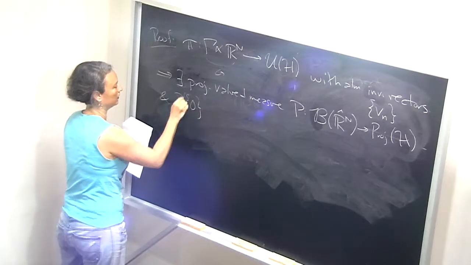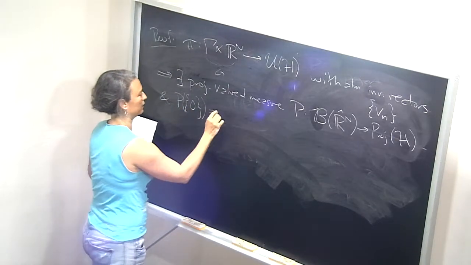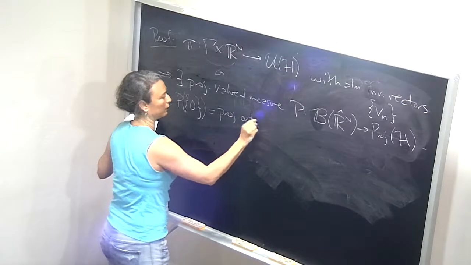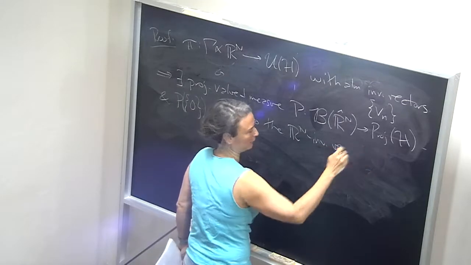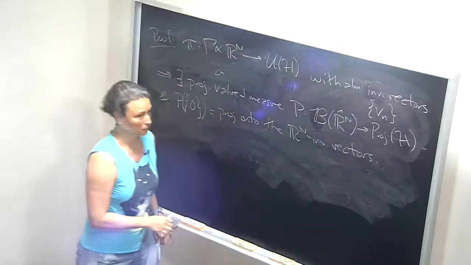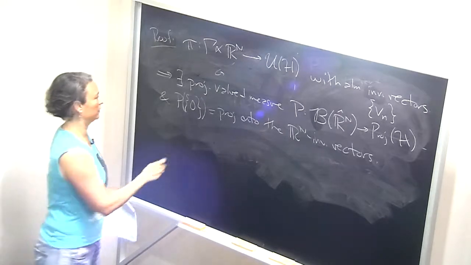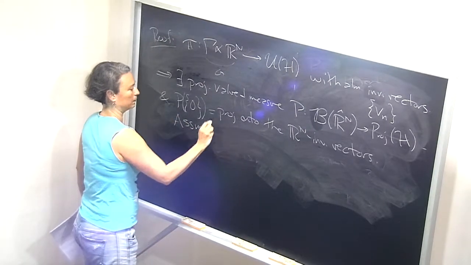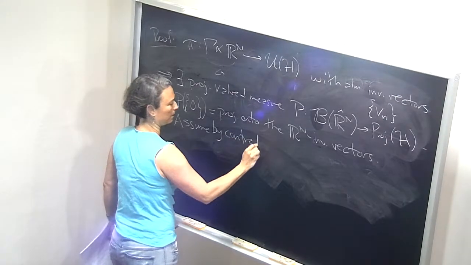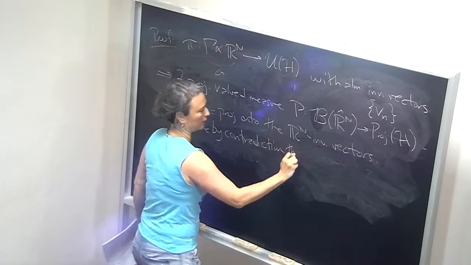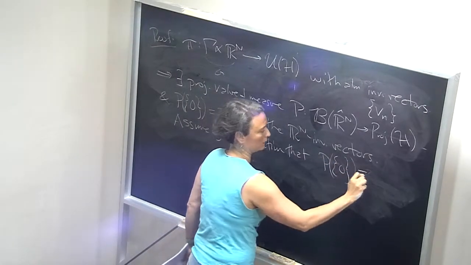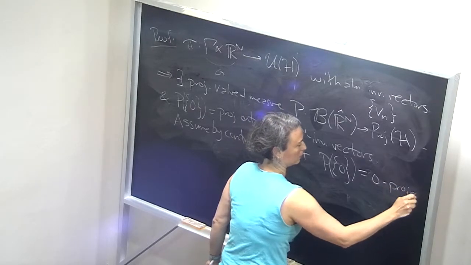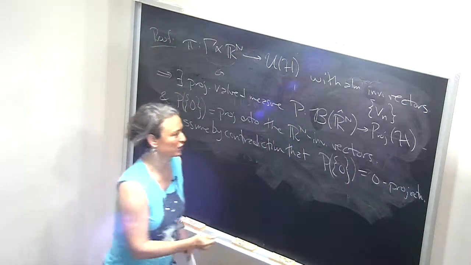And P of 0, the identity in R^n, is the projection onto the R^n invariant vectors. I'm rewriting what I have there because I'm going to erase it. And assume by contradiction that this is the 0 projection. Okay? The projection onto 0.